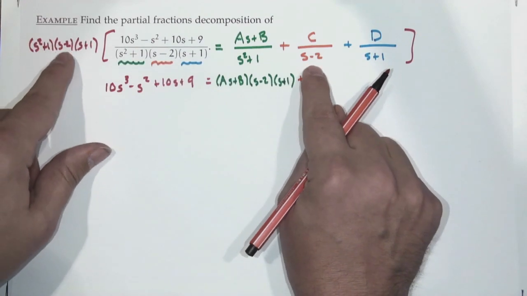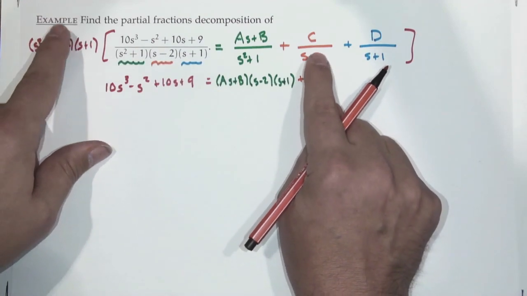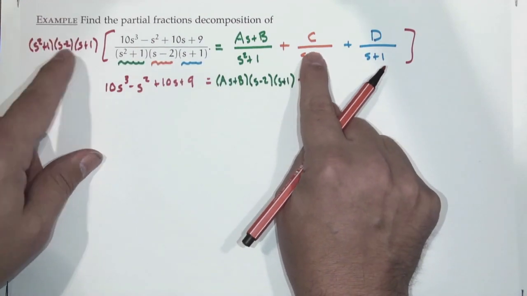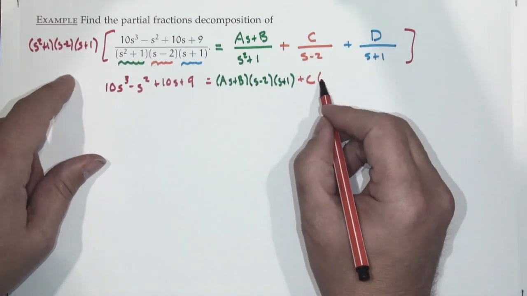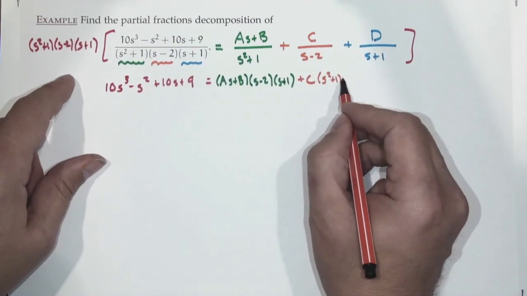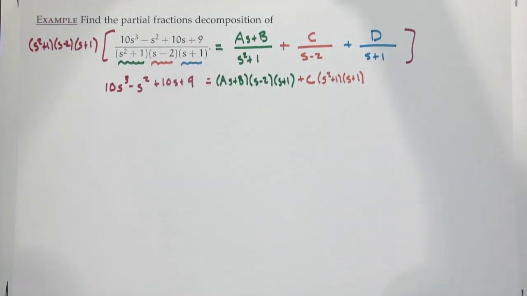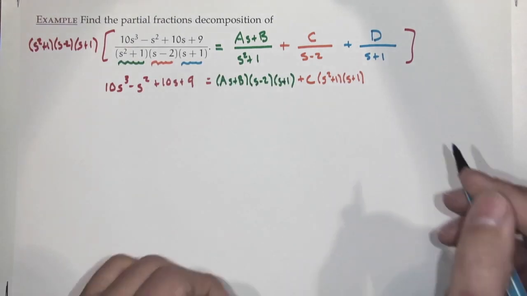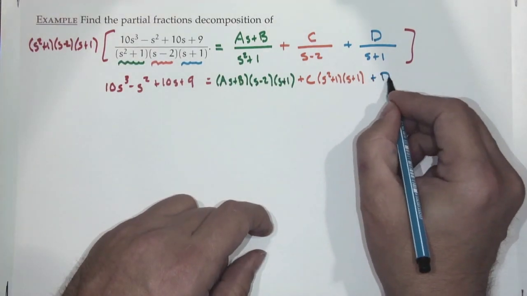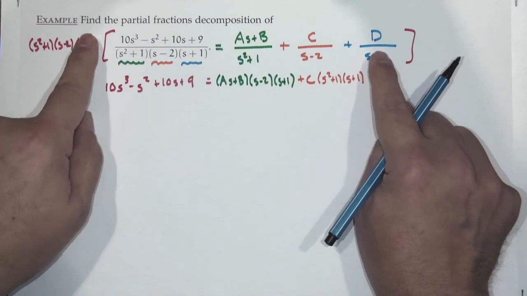Now, here, the s minus 2's cancel. So we're left with the s squared plus 1 and the s plus 1. And finally, on the end, the s plus 1's cancel.